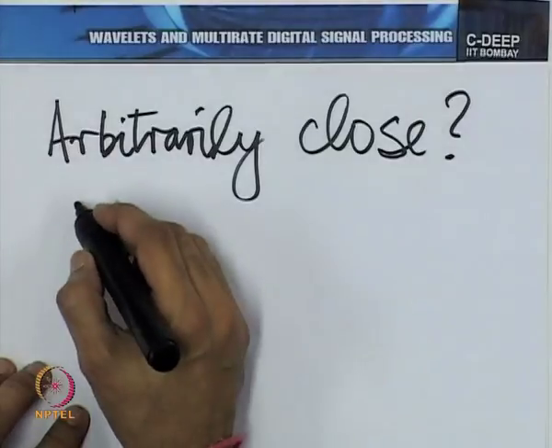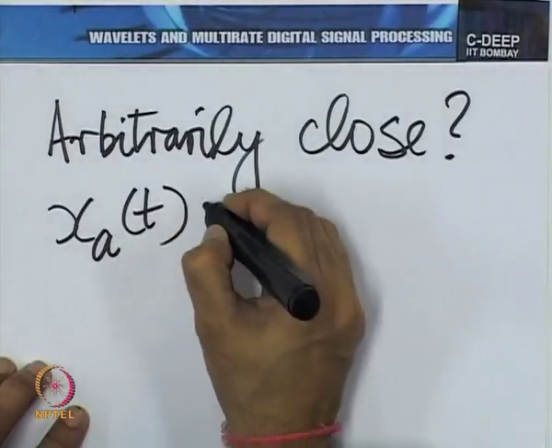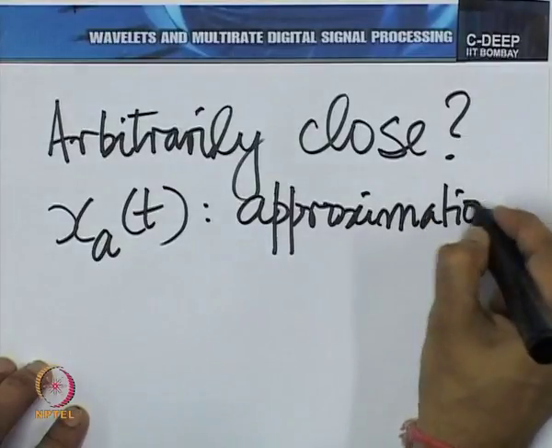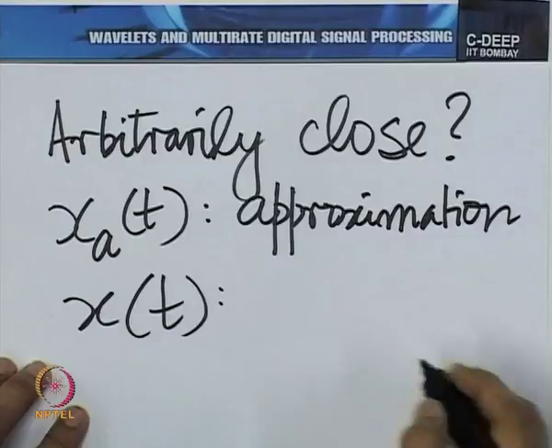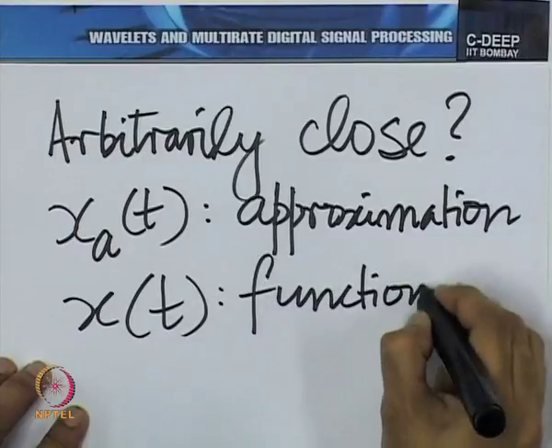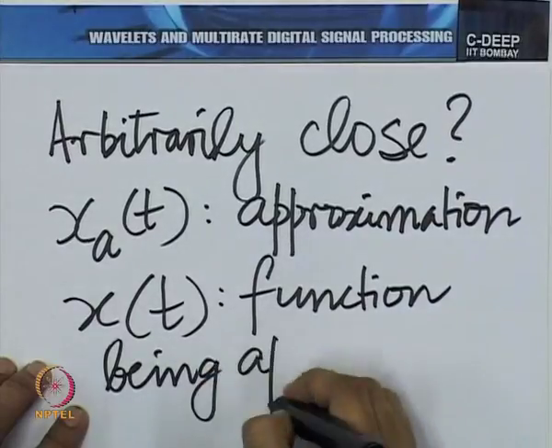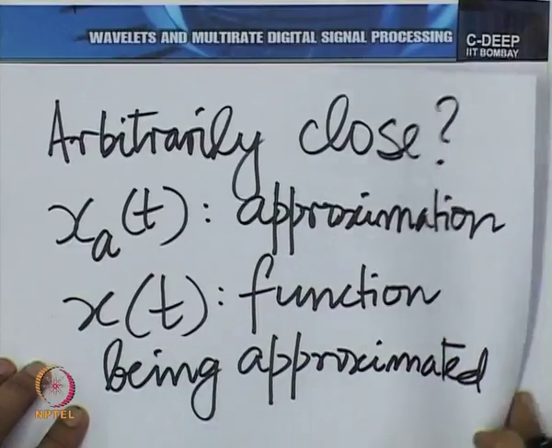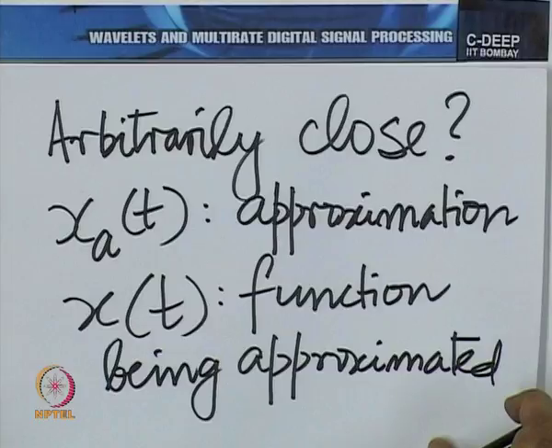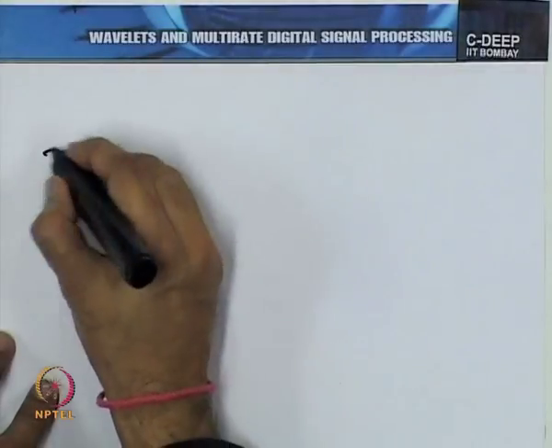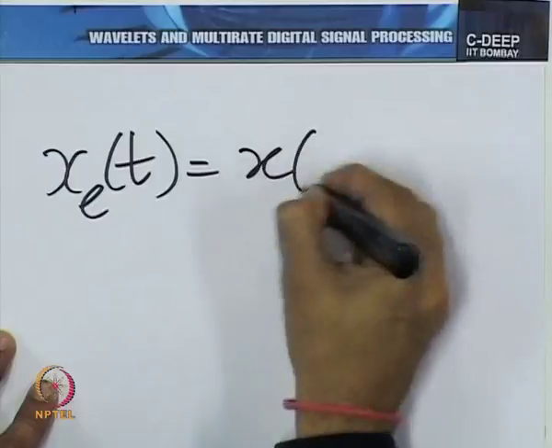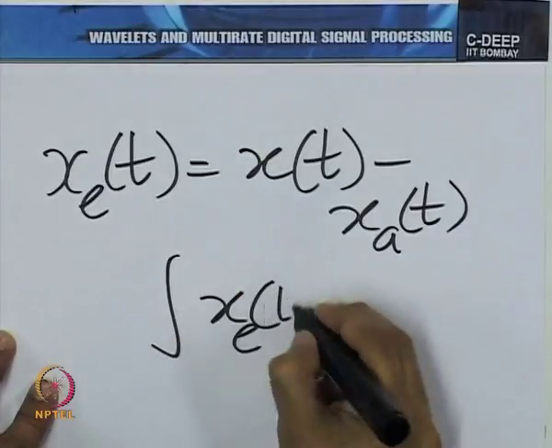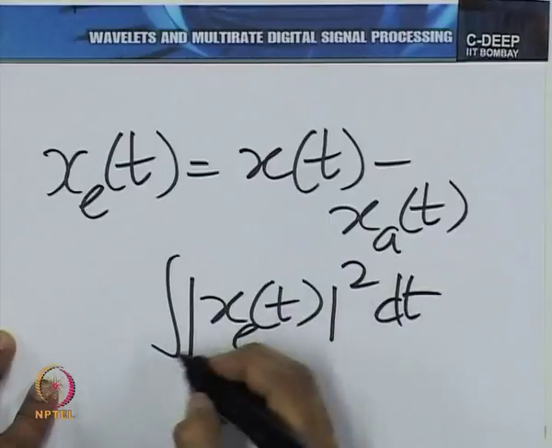In the sense, if x_a is the approximation at a particular resolution, and if x(t) is the original function, then if we take what is called the squared error, so we look at x_e(t), that is x(t) minus x_a(t), and integrate the modulus of x_e(t) whole squared over all t.